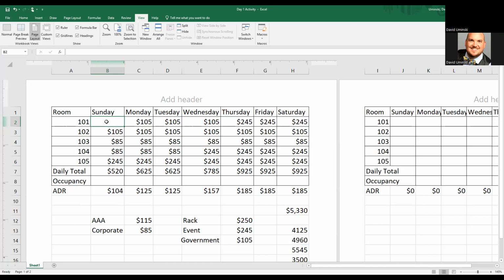Now, how do we know that we shouldn't take that government rate in advance? Because some of us might just want to have our rooms filled, right? Because if that room sits empty and it's not sold, then we don't get any money from it.